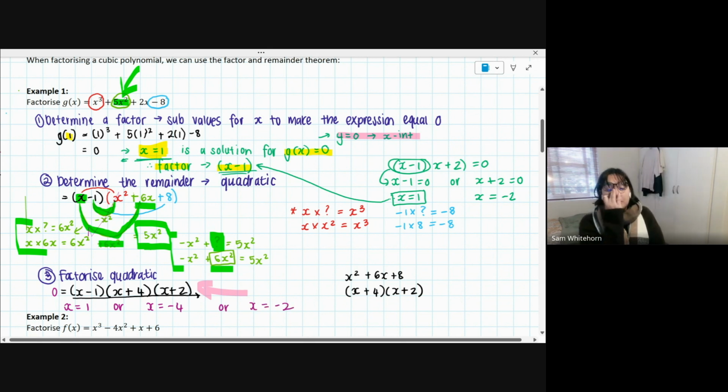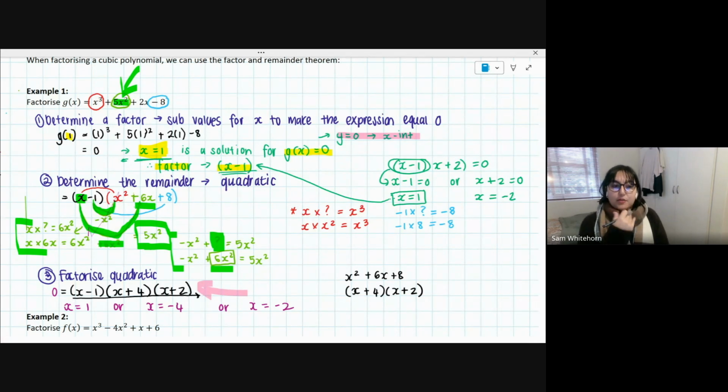As we go along, I'm going to show you what the graphs will eventually look like. But if you are working with cubic equations, by making it equal to 0, i.e. getting it into standard form, you are able to find the x-intercepts of your graph.